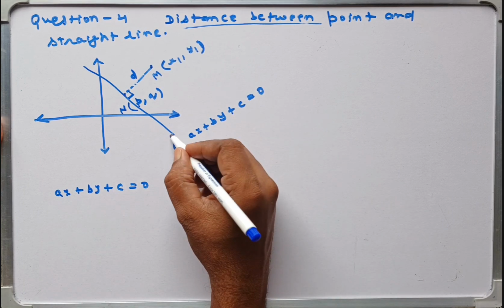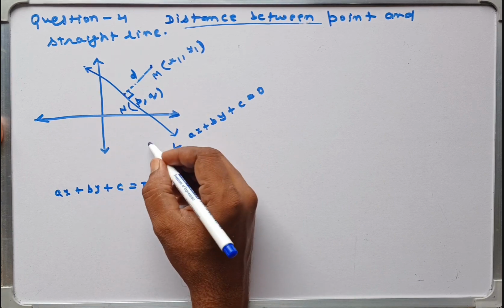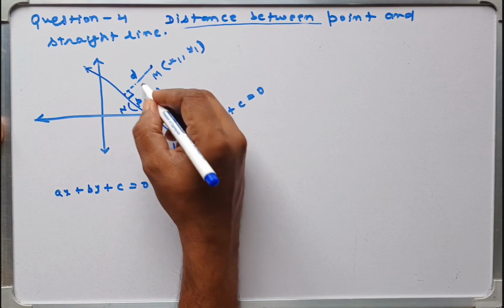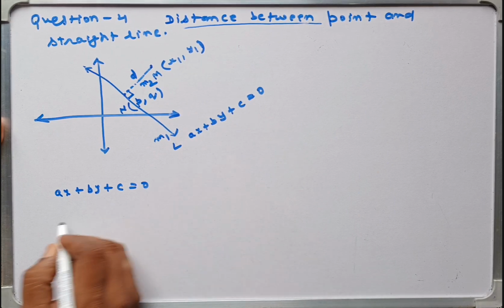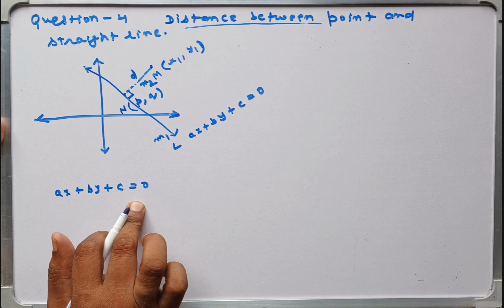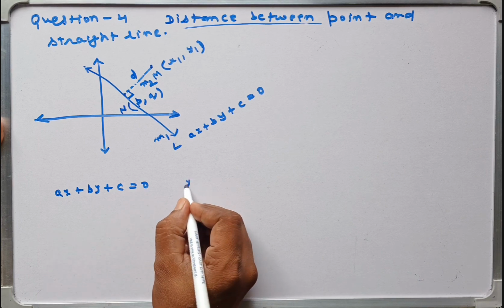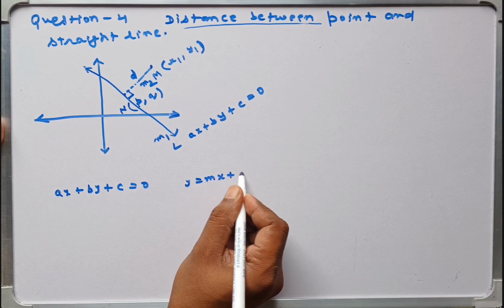You guys know, if we assume here the slope of this line is m1 and this one is m2, then we can write this equation in the standard form y equal to mx plus c.